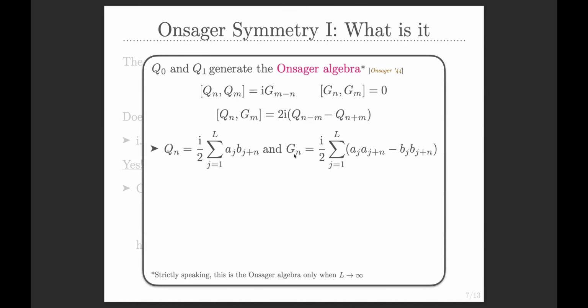And it's kind of funny to see the same algebraic structure arise in a simple fermionic model as a symmetry. The algebra itself is kind of straightforward. You have two different types of generators, Qn and Gn. The Q's fail to commute by these Gn's. The Gn's themselves commute with one another. And then the Qn and Gn fail to commute, but in a way that gives you a closed algebra and just spits out more.